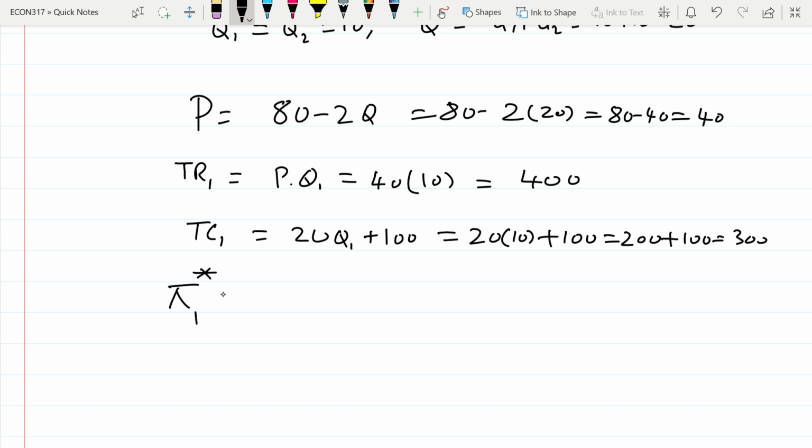So this is the maximum profit firm 1 would be able to earn. Total revenue $400, total cost $300, turns out to be $100.